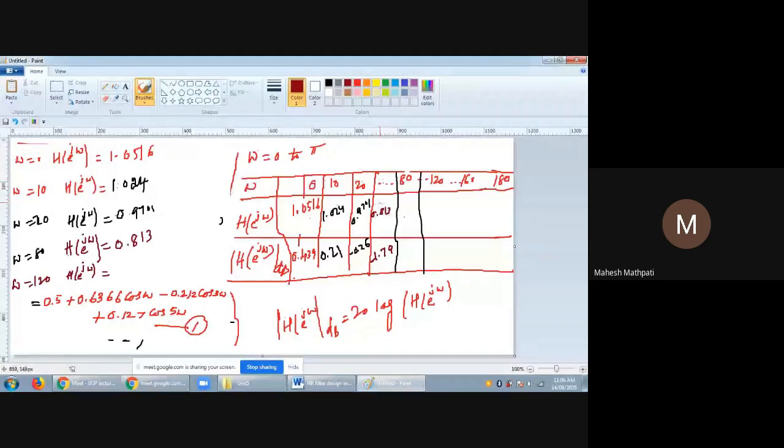This is 80. Not required. At 120, minus 0.0938. ये भी value minus आ रहा है क्या? हाँ सर, this is also minus 0.0938.